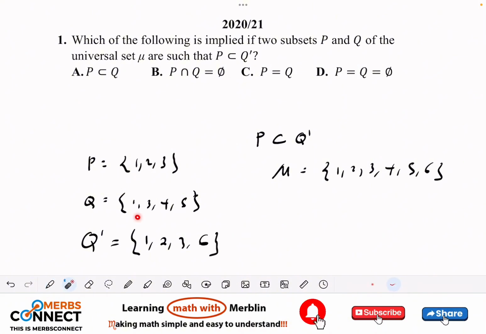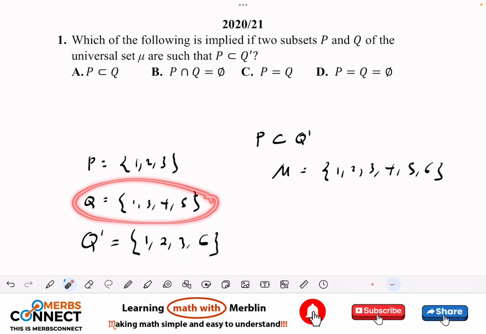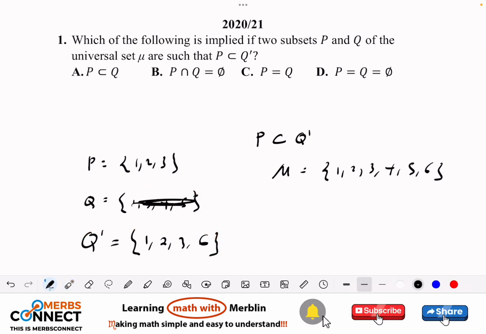So for me to get these elements in Q prime without them being in Q, I need to change my Q. My Q shouldn't involve something that is in P. So my Q can be something like 4 and 5.